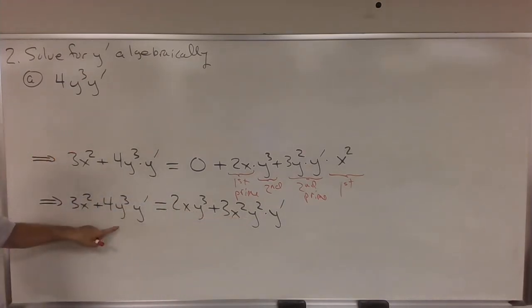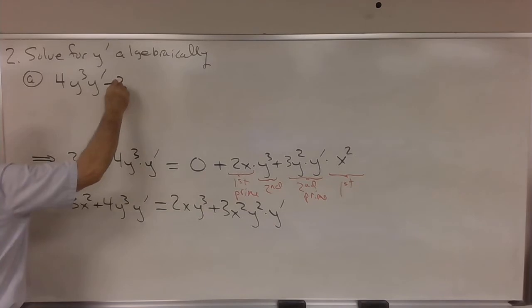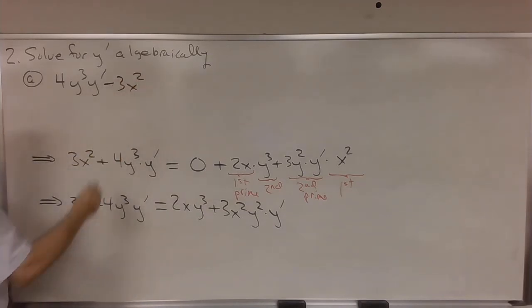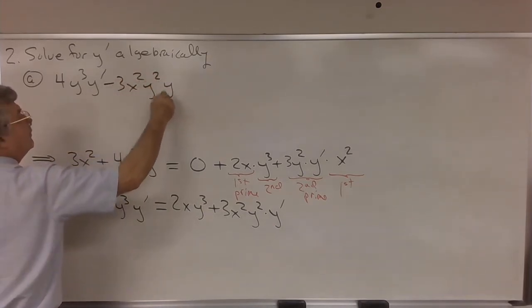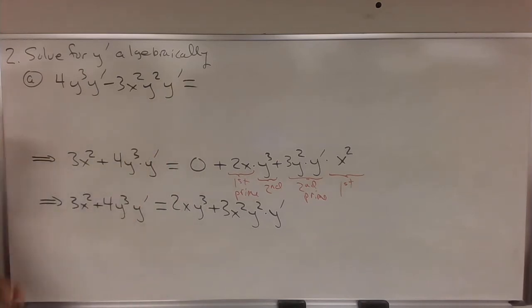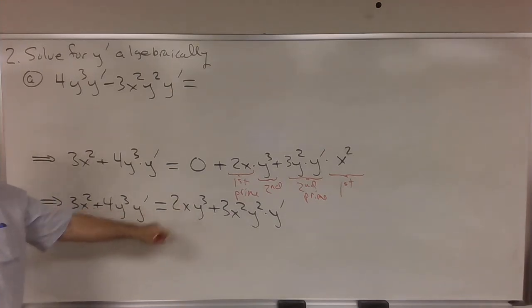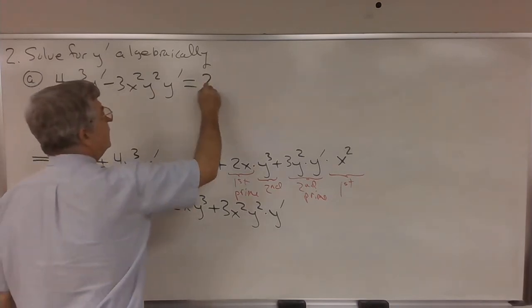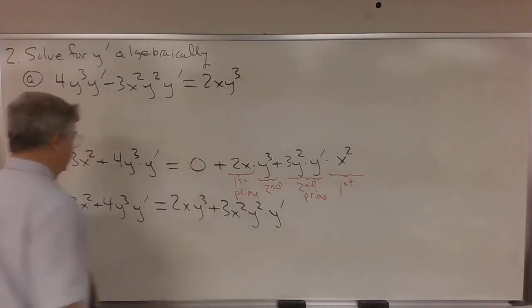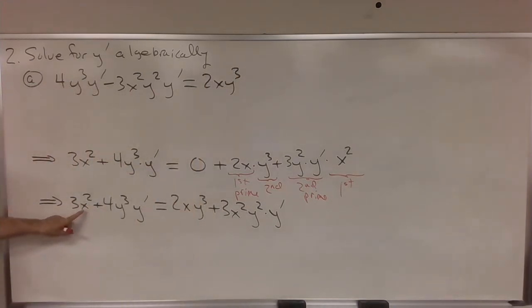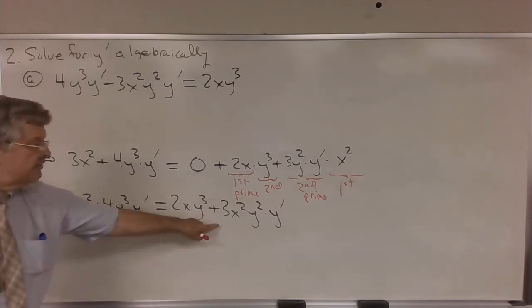We've got to move it over to the left. This term has no factor of y prime, so it can stay right where it is on the right side. And this term has no factor of y prime. We've got to move it over to the right.